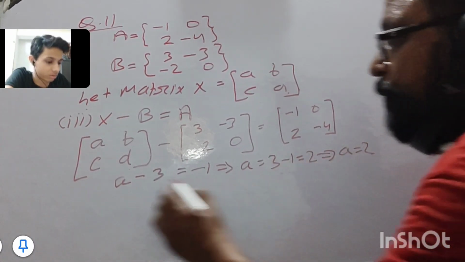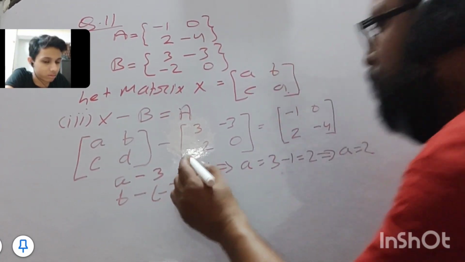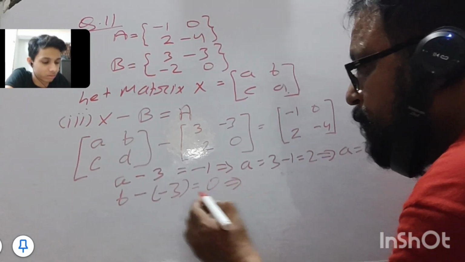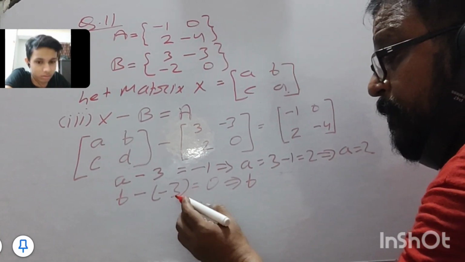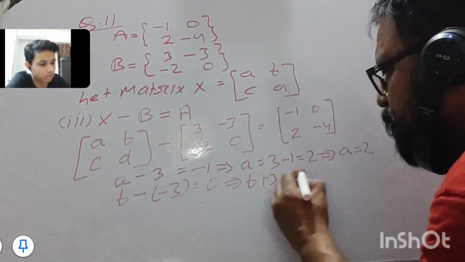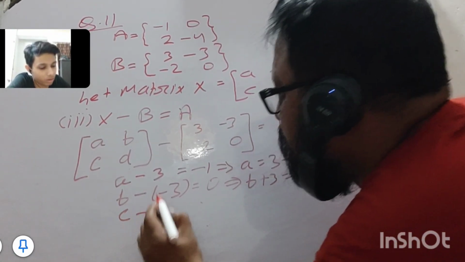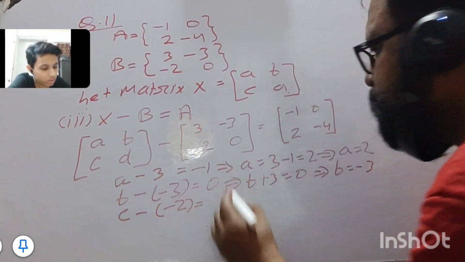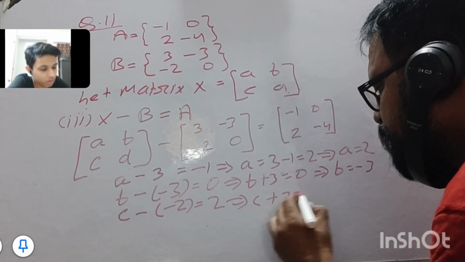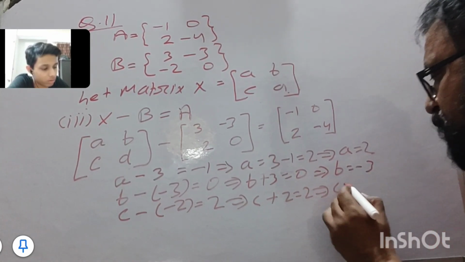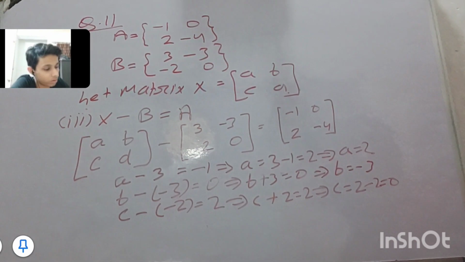So a is equal to 2, and b minus (-3) is equal to 0, so b plus 3 is equal to 0, so we can write b is equal to -3. Then c minus (-2) is equal to 2, so c plus 2 is equal to 2, so c is equal to 2 minus 2, which is 0.